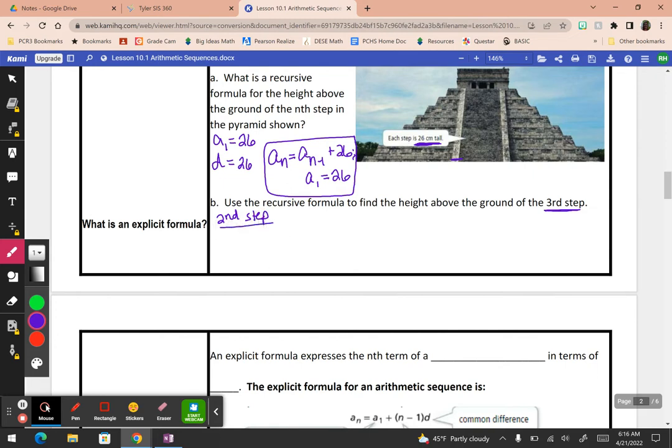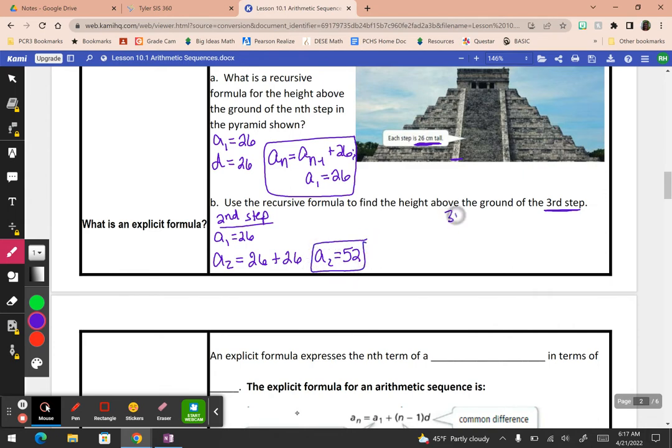All right. So we would do a sub 1 again equals 26. And we would have a sub 2 equals the one before it, which is 26, plus another 26. So then a sub 2, or our second step, is 52 centimeters tall. Right?